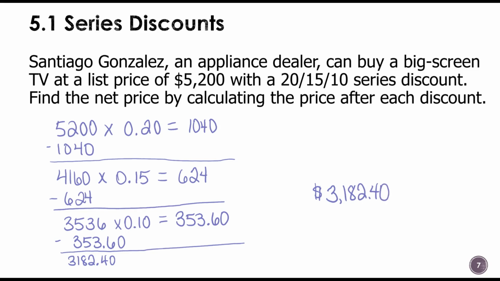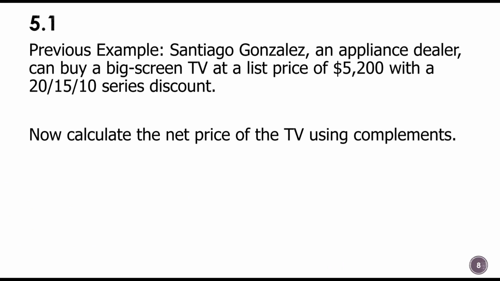And then we're going to also find the same answer by the quick method, right? So you're going to enjoy that quick method. So we have a 20, 15, 10, and we're going to calculate this using the complements. All right, so the complements are going to be 80, 85, 90, right?